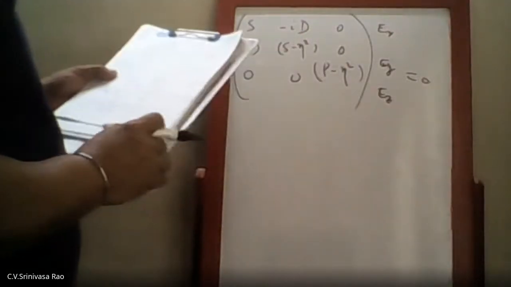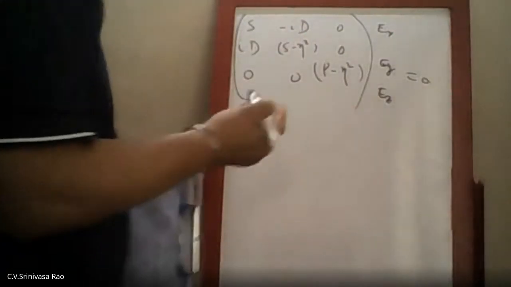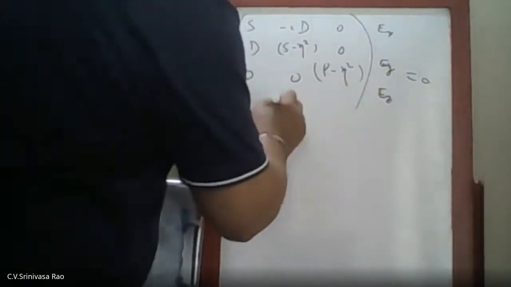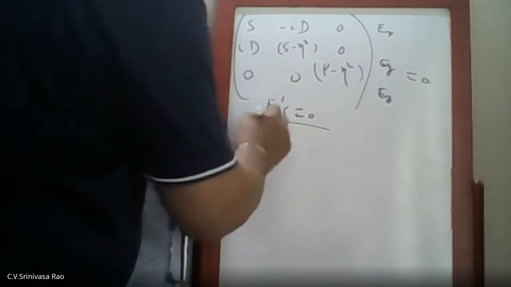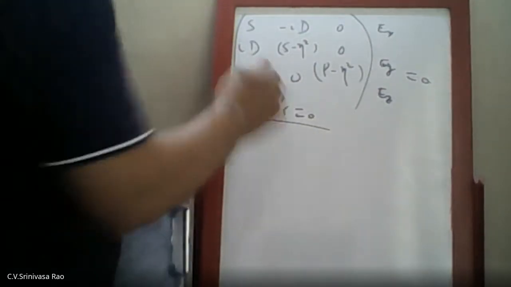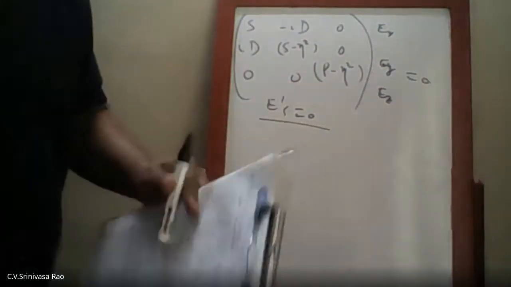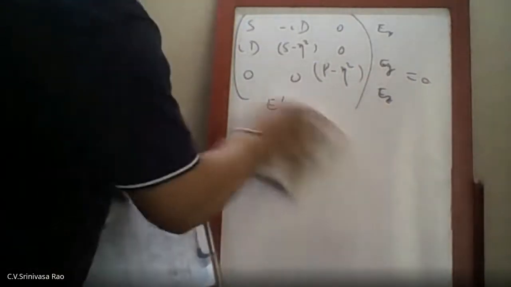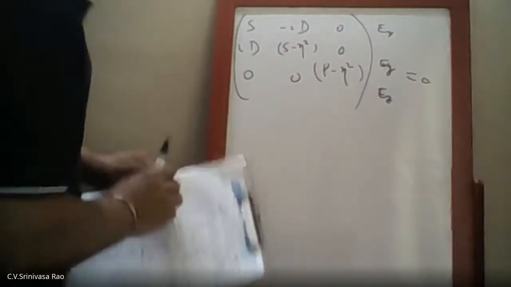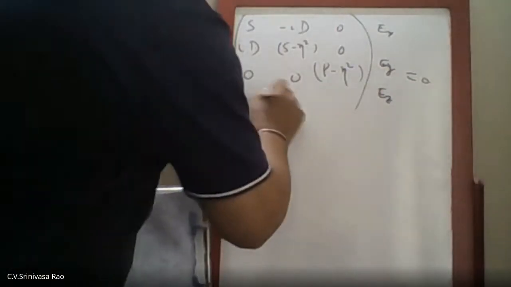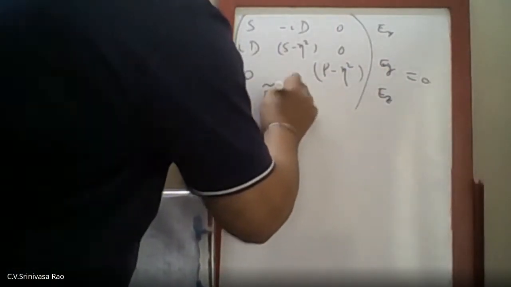So one is the trivial solution, which is E's are equal to 0. But this is not what we are interested in. We are interested in non-trivial solutions. So those solutions are basically E tilde not equal to 0.